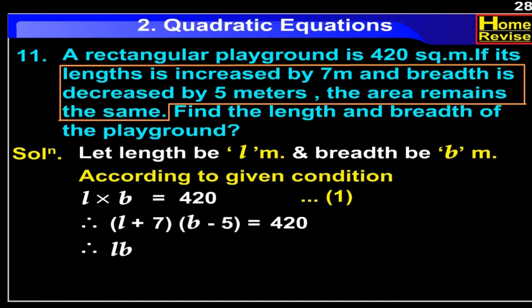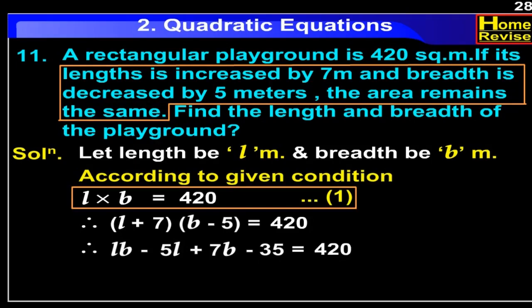Therefore, LB minus 5L plus 7B minus 35 is equal to 420. From equation 1, we know that LB is equal to 420.